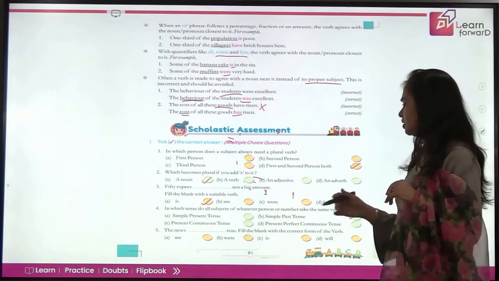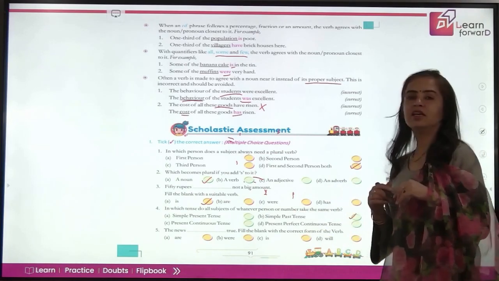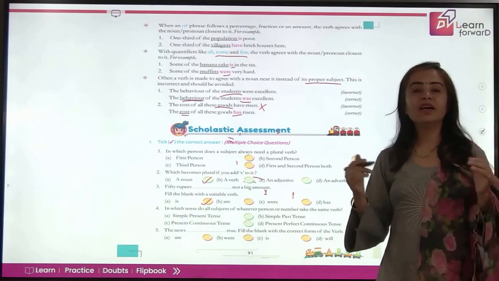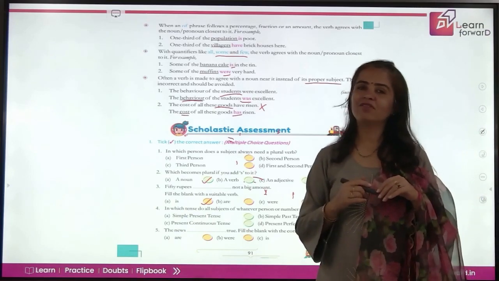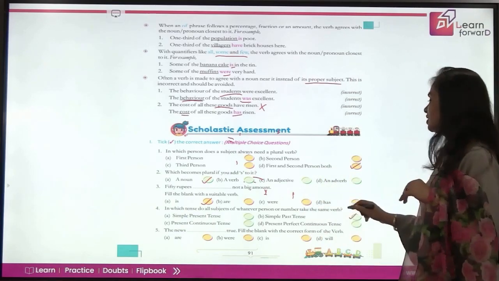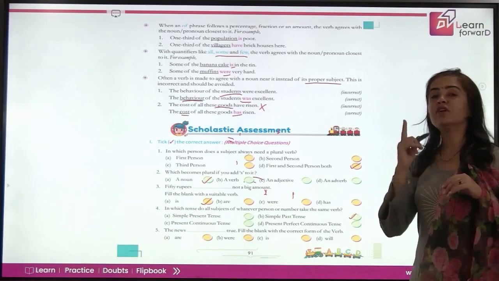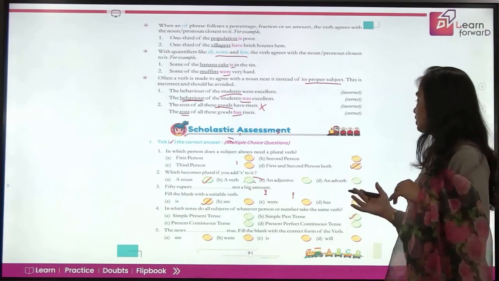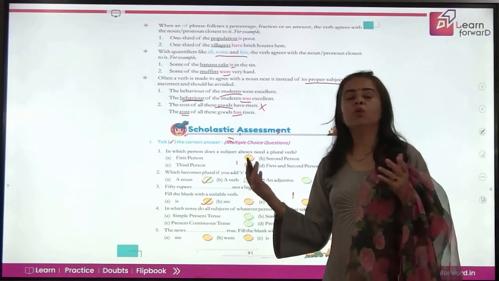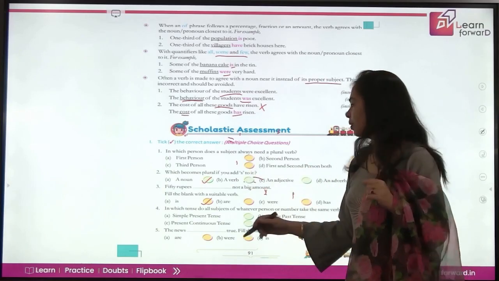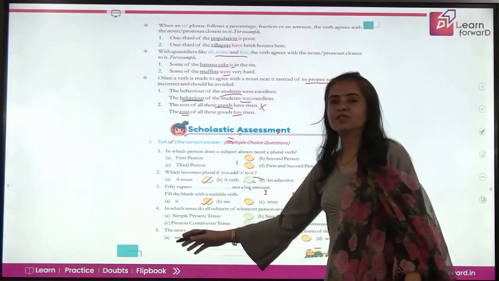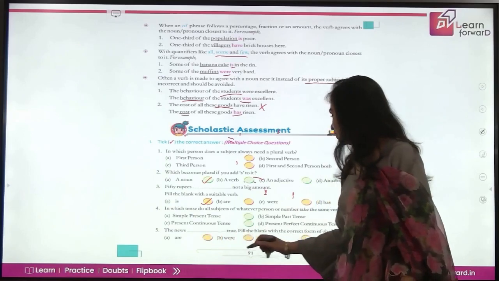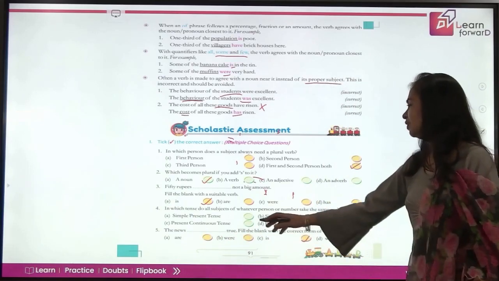Again, not the same. Present perfect continuous. Oh, we have to find out has or have, which is correct. So only with simple past tense, we use only one form of verb with all the subjects, maybe whatever person, whatever number. Coming to next, the news. Singular, yes, the news is true.